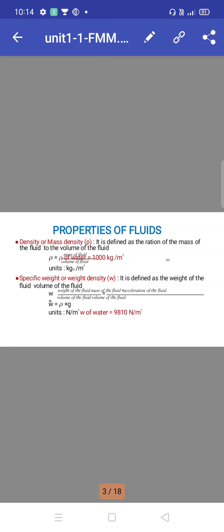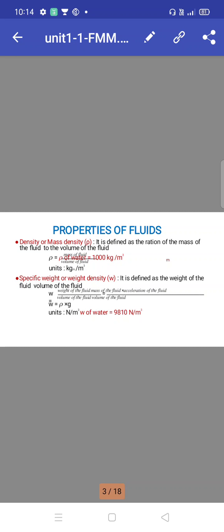We need to denote w is equal to weight of fluid by volume of fluid. So that is equal to rho into g. So rho into g means rho is 1000, then g is 9.8.